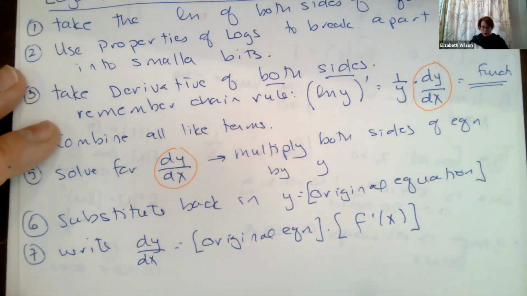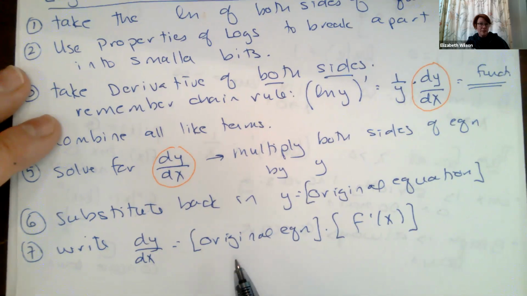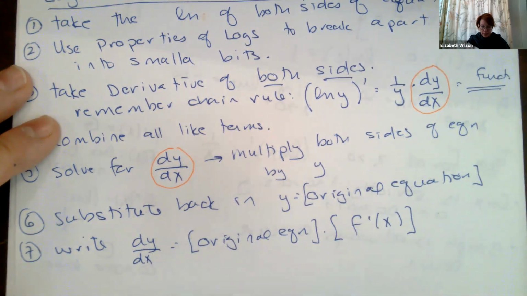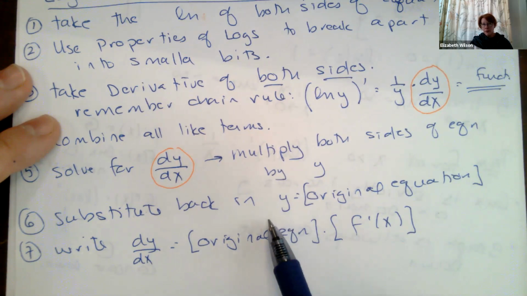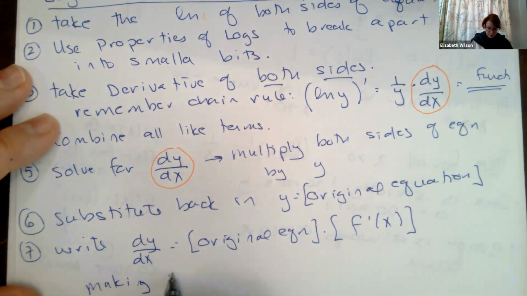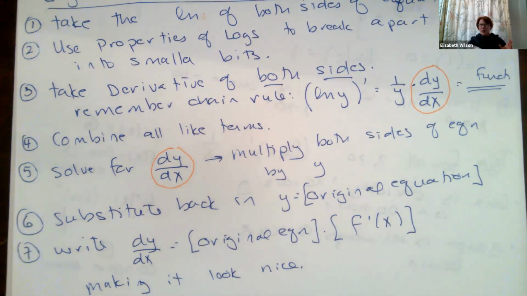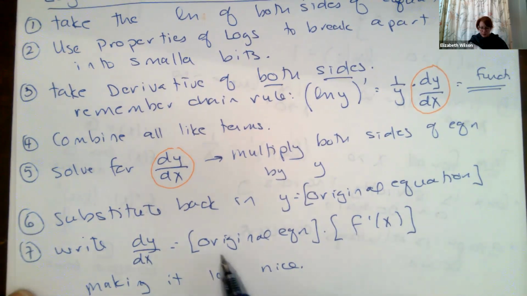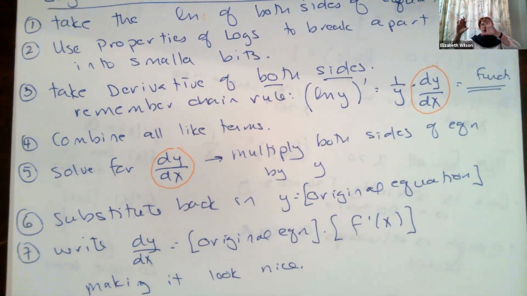This is important because you want things in terms of x, or whatever variable you're working with, and not y times that function of x. So this is making it look pretty. I don't have to combine anything. I can just leave it as this kind of equation times that kind of equation. Don't worry about combining it.